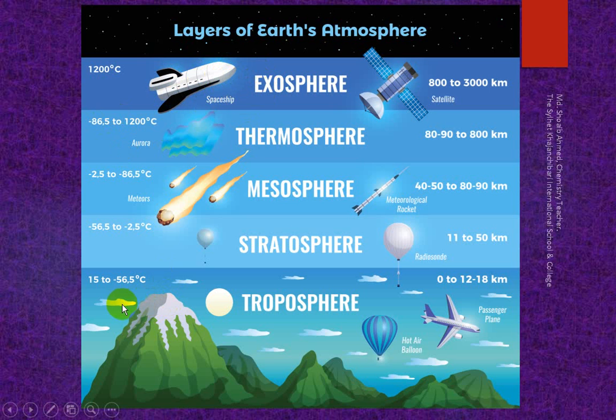So the layers of the earth are the troposphere, stratosphere, mesosphere, thermosphere, and exosphere.